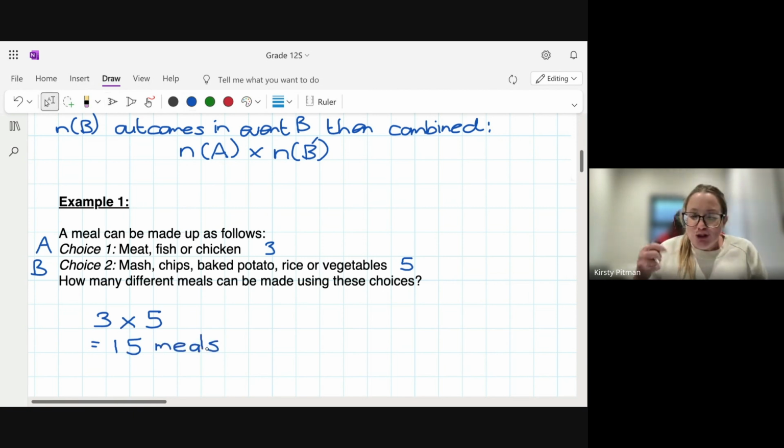If you're not sure, and it's a small question like this, the starting one, and let's say you get extra time at the end of your paper, then by all means, go back and test it for yourself. You'd start here, then you'd have your 3 options: meat, fish, and chicken.